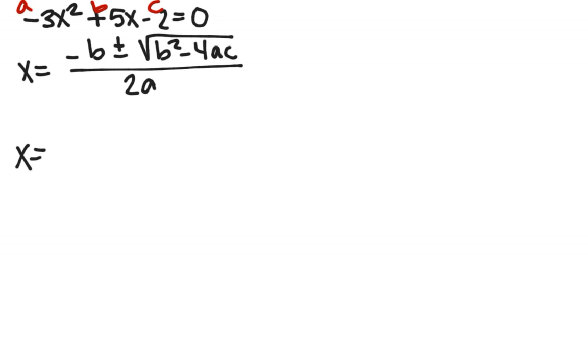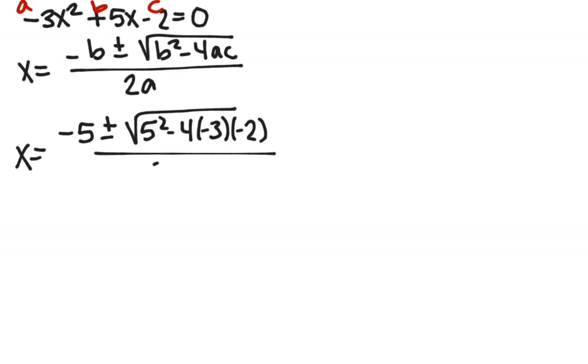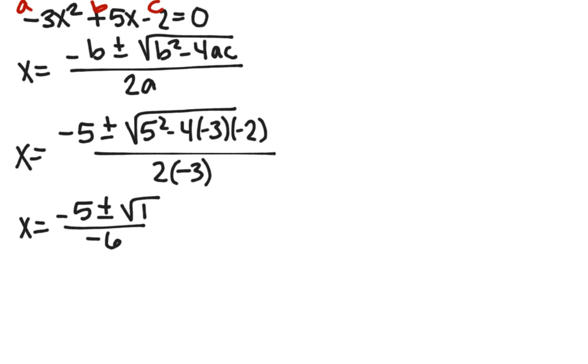So x equals, let's see, negative of 5 is -5, plus or minus the square root of 5 squared minus 4 times -3 times -2, divided by 2 times -3. Simplifying, that gives me negative 5 plus or minus the square root of 1, divided by negative 6.